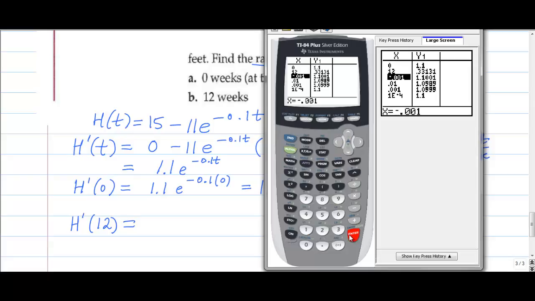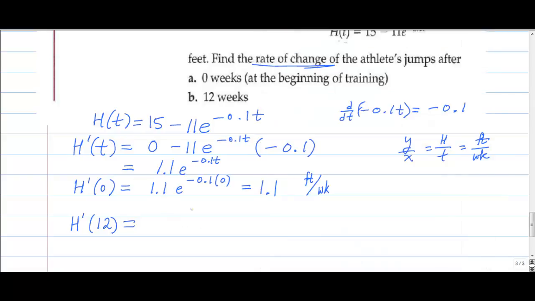That number changes to 0.33. Let me write this: 1.1 e to the negative 0.1 times 12, which is roughly 0.33 feet per week.